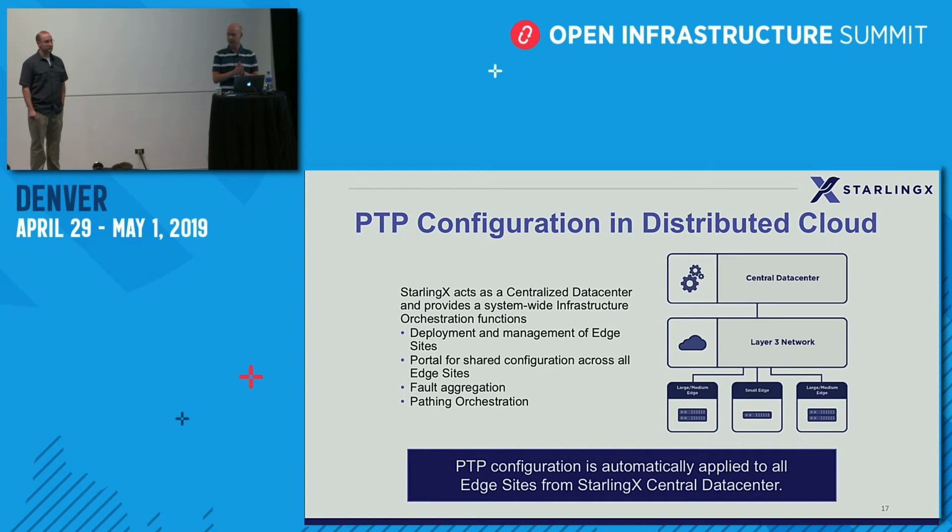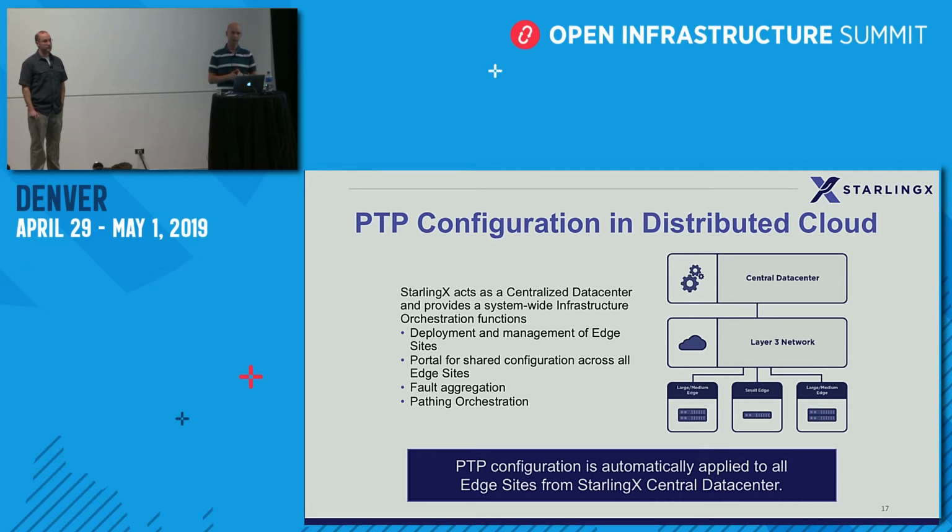And the beauty of this distributed cloud is that the central data center is responsible for taking all the shared configuration. You can go ahead and configure PTP on the centralized data center, and all the settings are going to be propagated to the edge sites automatically for you.